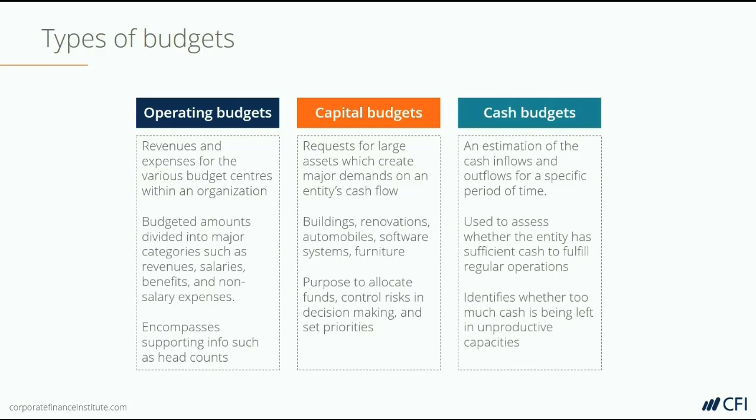And then finally, you have the cash budget. This ties the other two together and takes into account the timing of payments and the timing of receipt of cash from revenue. So it actually estimates on a monthly basis typically, although it could be more frequent than that, even weekly in some cases. The timing of the cash flows, for example, when will the revenue actually be received?